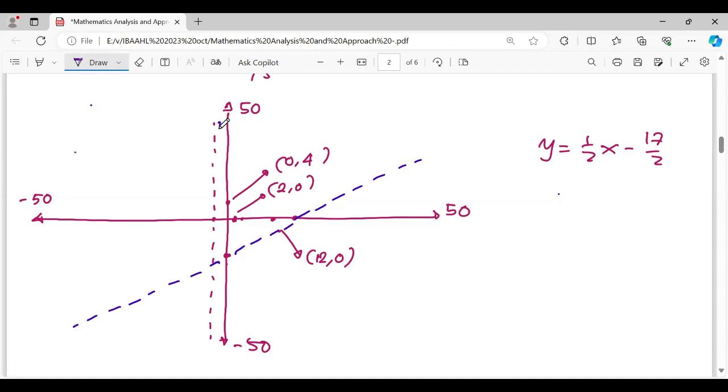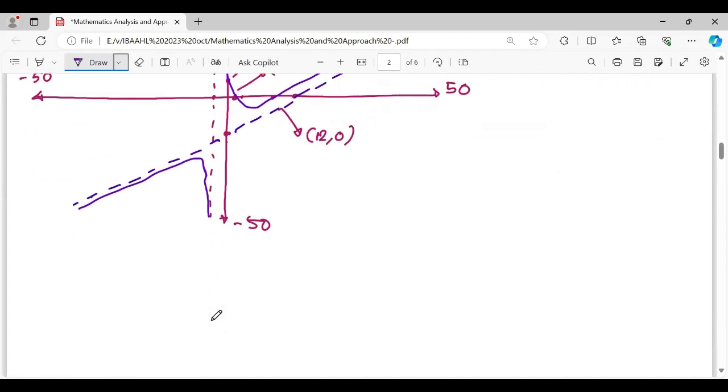This is the asymptote, and it comes like this. Yeah, like that, the sketch.